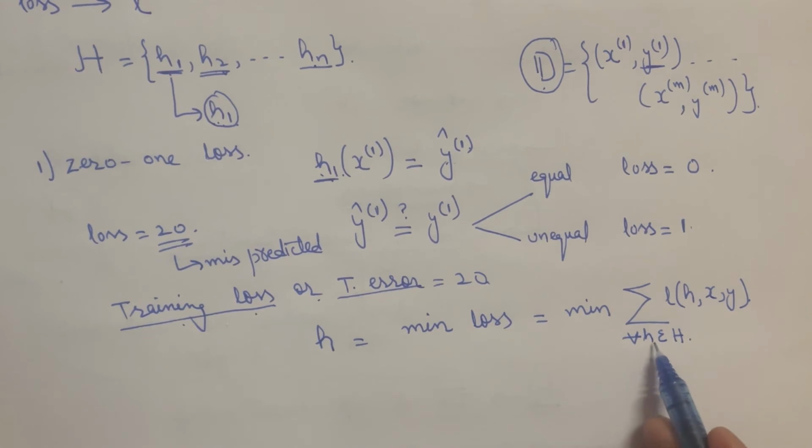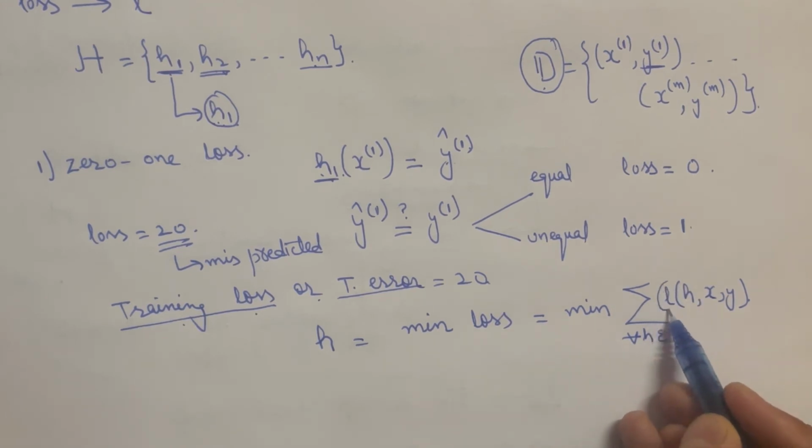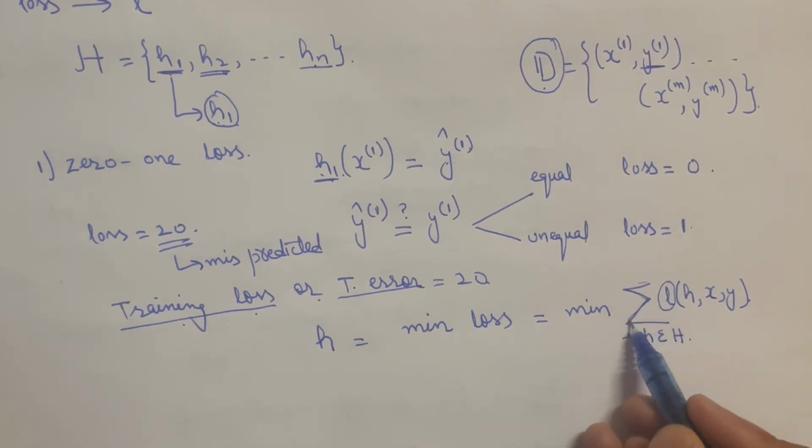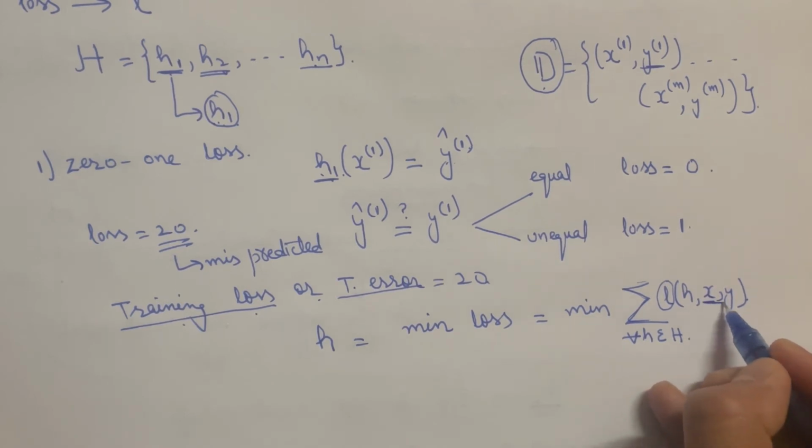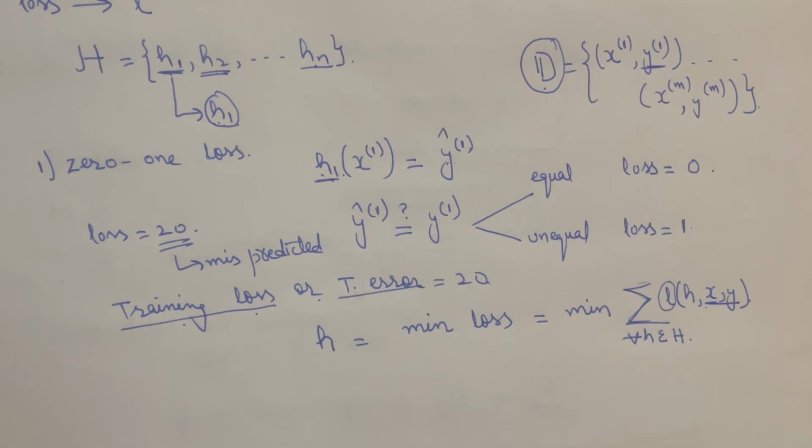So for every hypothesis function we will calculate its loss. Here summation means that first we will calculate for the first example, then for the second example, and we sum them. Whichever hypothesis function gives the minimum loss is chosen as the final hypothesis function.